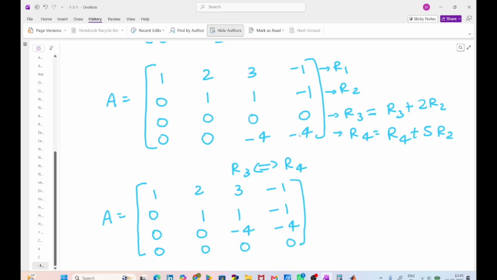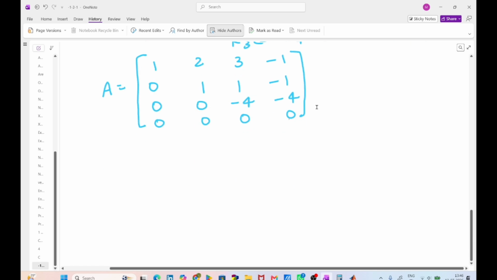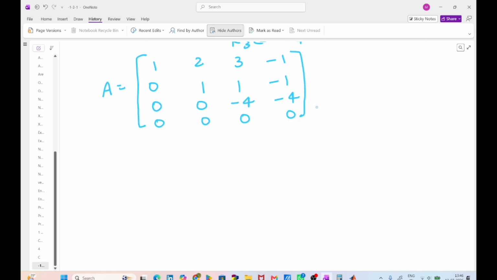Here we can write the rank of the matrix as 3, but let us make this minus 4 as plus 1 by doing the mathematical operation. We know that minus 4 by minus 4 will become plus 1. Divide R3 by minus 4.